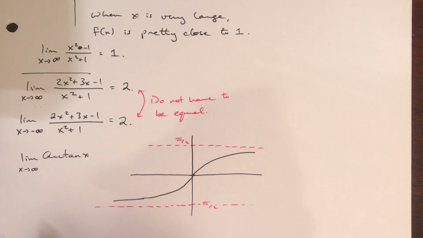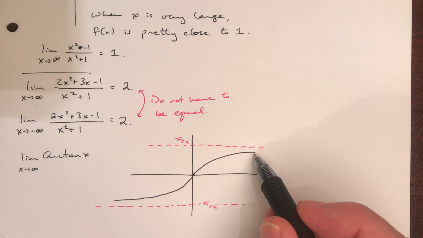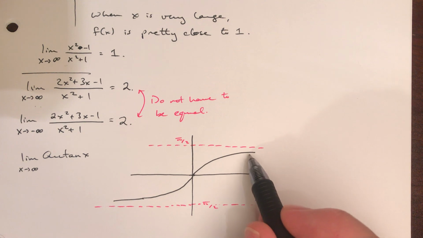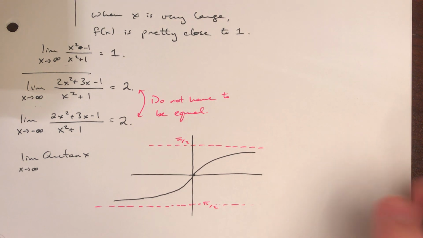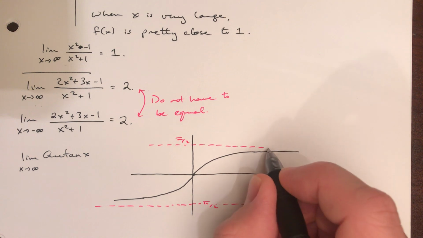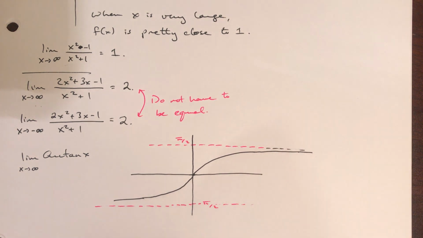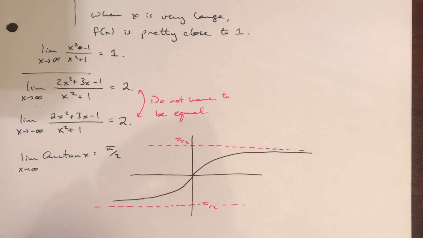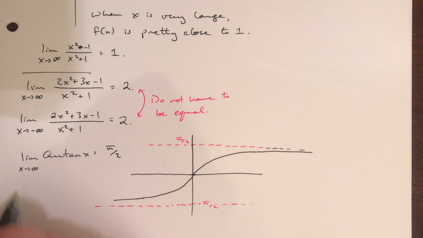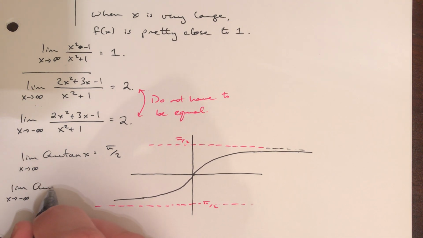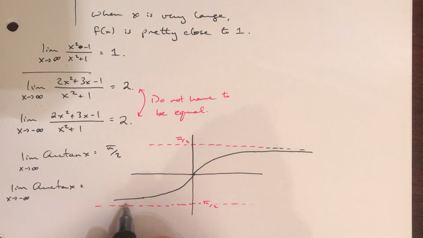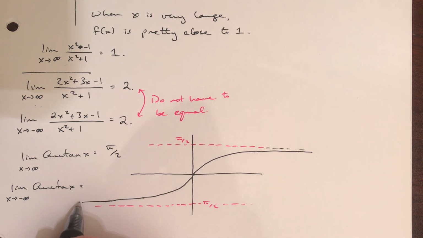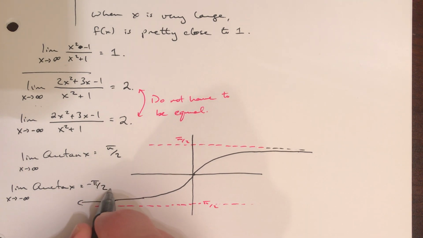And when we talk about, again, these limits at infinity, we're talking about what is happening to the y values on our graph as we go further and further to the right. And in this case, those y values are going to get progressively closer and closer to pi over 2. The limit at negative infinity of arctangent of x, as we follow the curve out to the left side, these are going to get closer and closer to negative pi over 2.